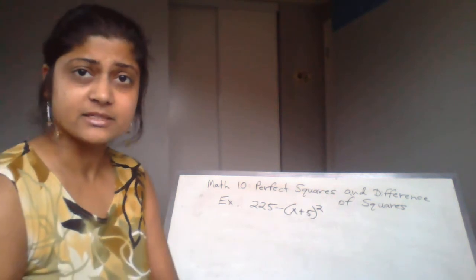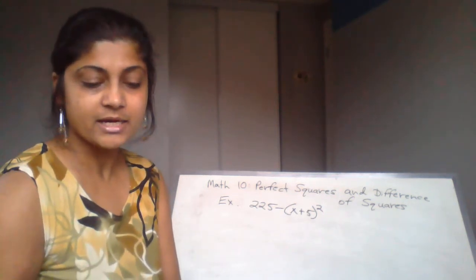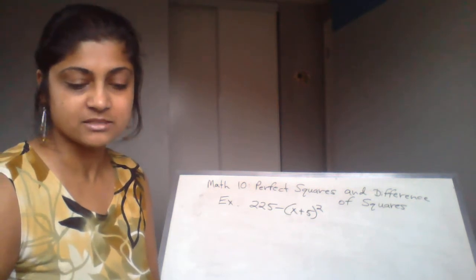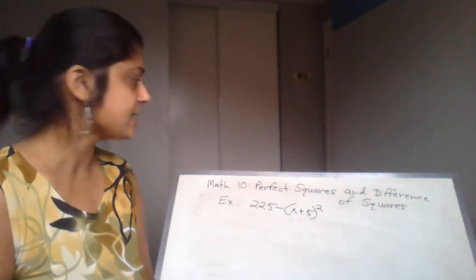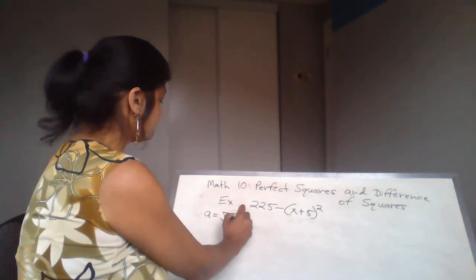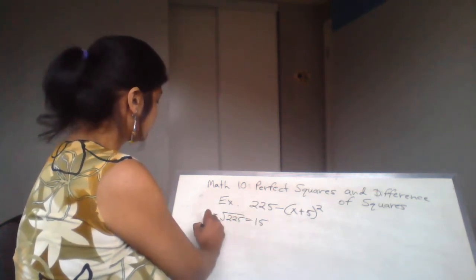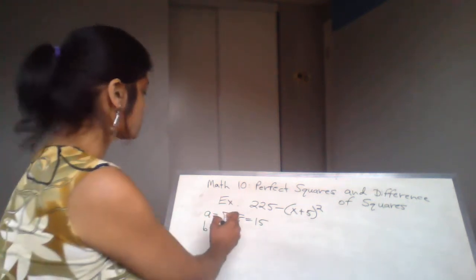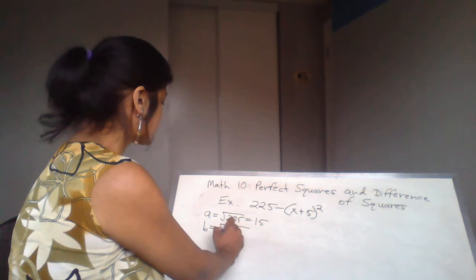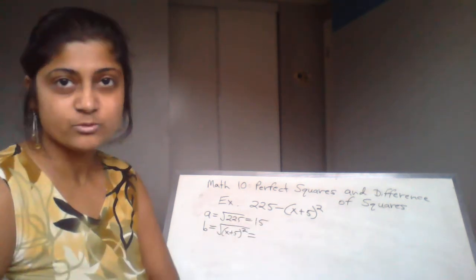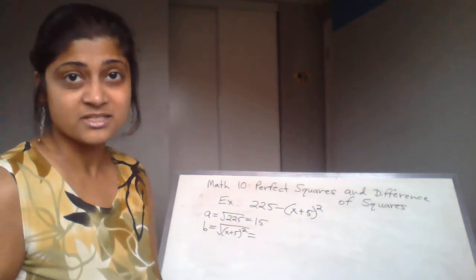I can take the square root of 225, which is 15, so a is 15. The value of b is the square root of x plus 5 squared. When you take the square root of this, I'm just left with x plus 5.